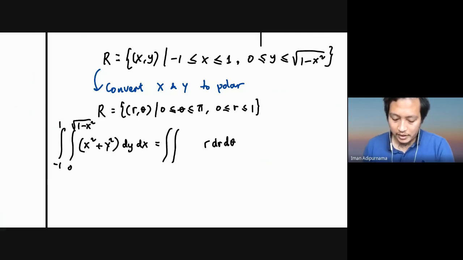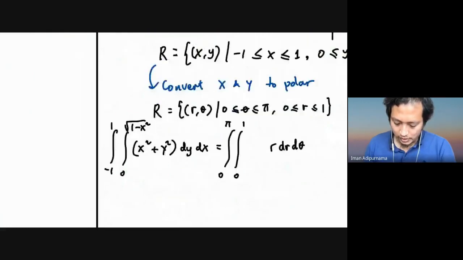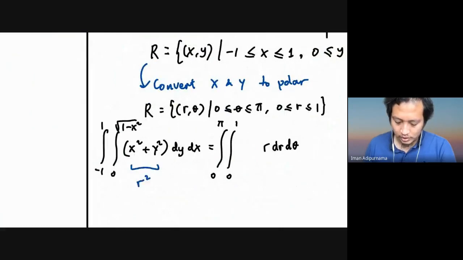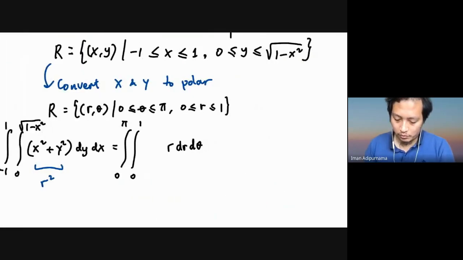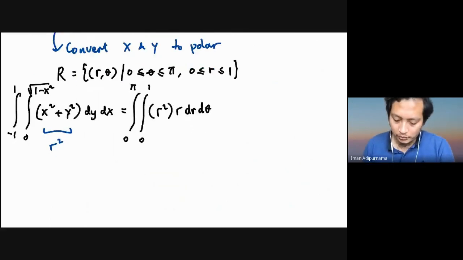So theta is always on the outside integration, and r is inside. And what is the function? The function is x squared plus y squared, which is r squared. So we need to multiply with r. Here is our function now, and we have r cubed dr.